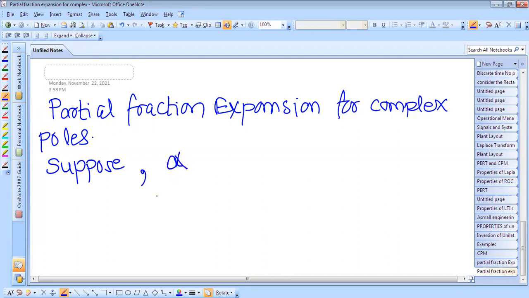poles at alpha plus j omega naught and alpha minus j omega naught.